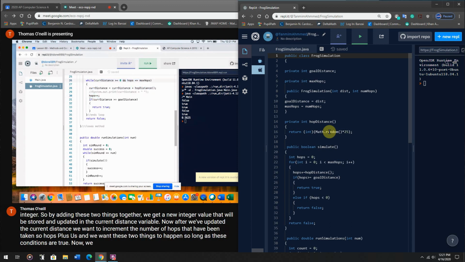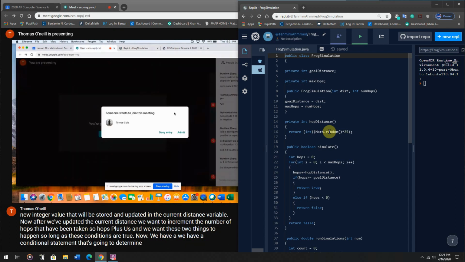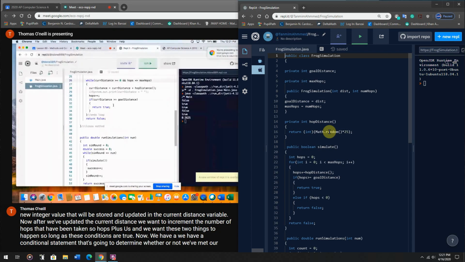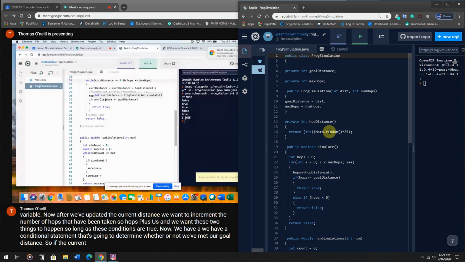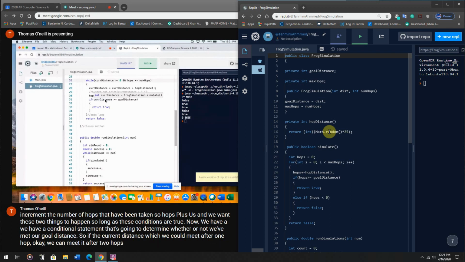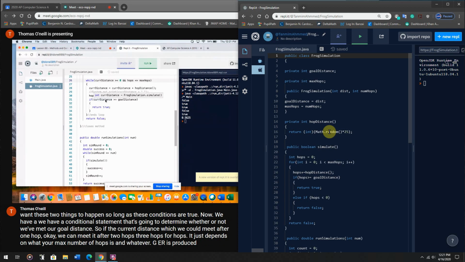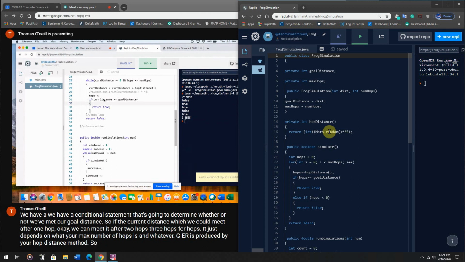Now we have a conditional statement that's going to determine whether or not we've met our goal distance. So if the current distance, which we could meet after 1 hop, 2 hops, 3 hops, 4 hops, it just depends on what your max number of hops is and whatever integer is produced by your hop distance method. So if the current distance at any point exceeds or is equal to the goal distance, then you're going to return true.